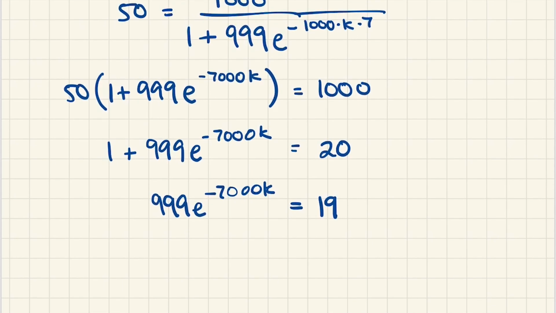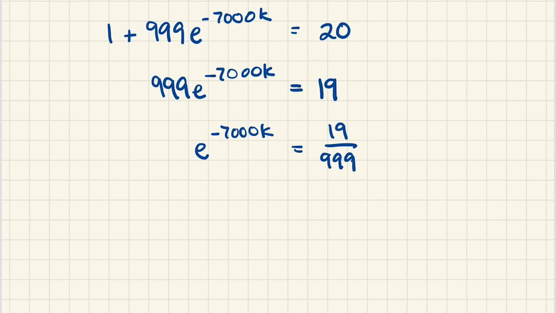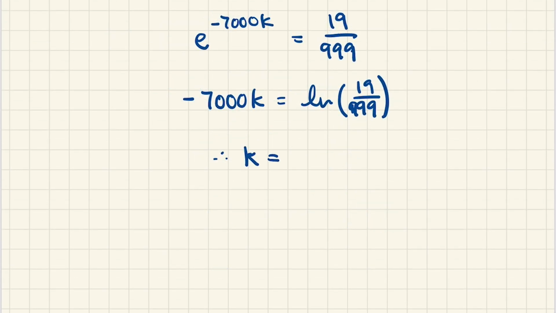And now we'll divide by 999. Okay, we're almost done. We're just going to log everything. So, isolating k, we get k is negative 1 over 7,000 times natural log of 19 over 999.